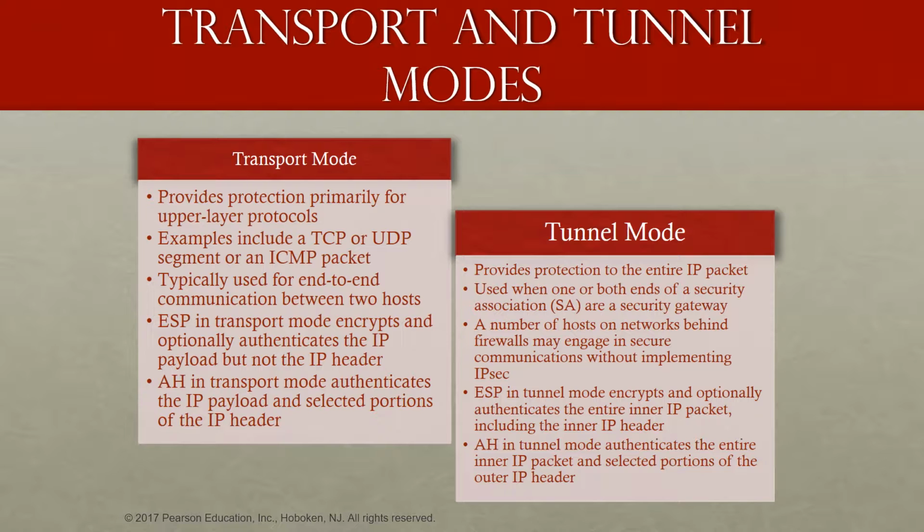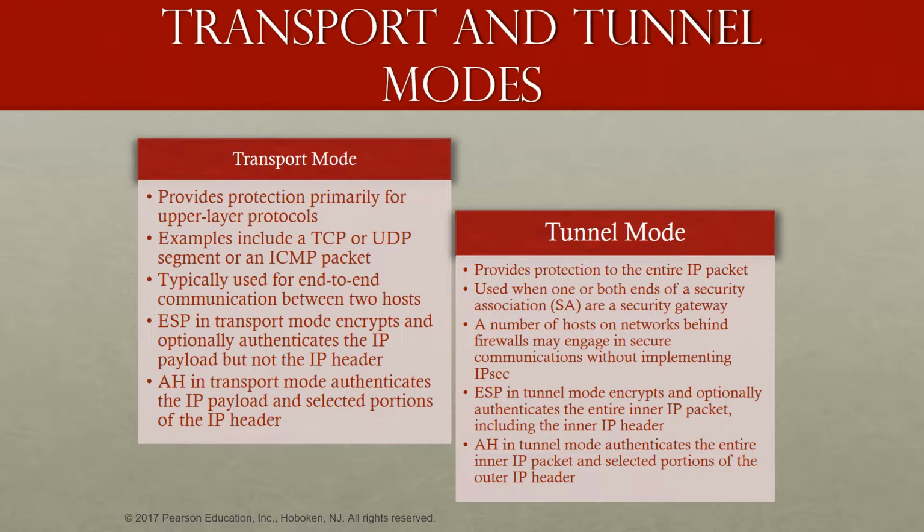ESP in transport mode encrypts and optionally authenticates the IP payload, but not the IP header. AH in transport mode authenticates the IP payload and selected portion of the IP header.